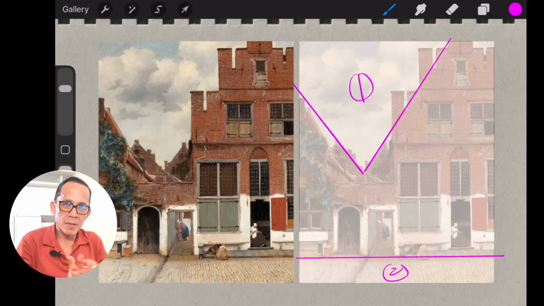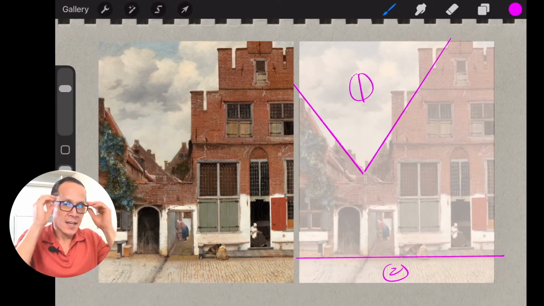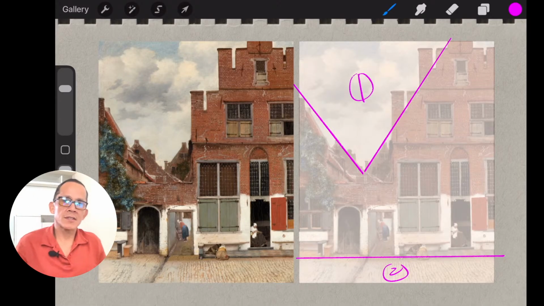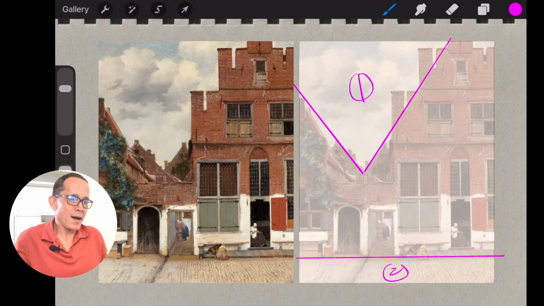If you put just one big element, it's nice, but you need a little bit of contrast to make a composition oomph, to give it some pop, right?